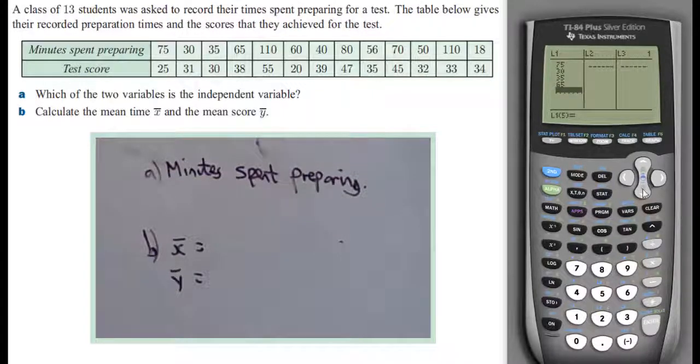I'm not going to show you the whole thing. Then on list 2 you would have 25, 31, 30 and 38.